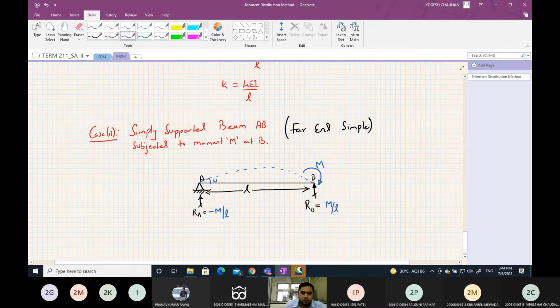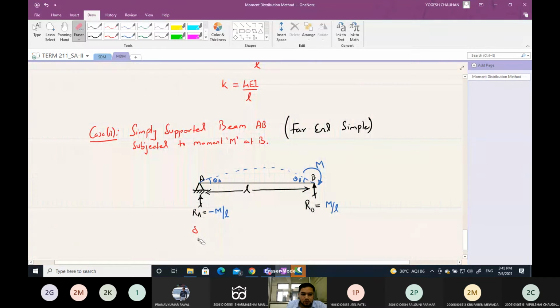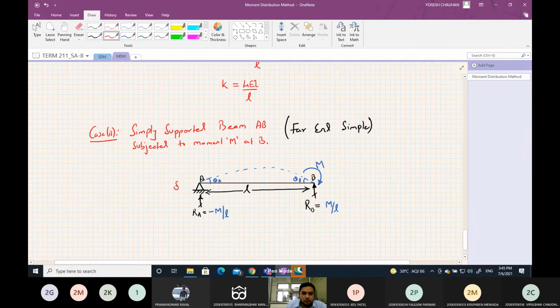So let here be theta A, this be theta B. Now we know that in this case delta A will be 0 and here also delta B will be 0.